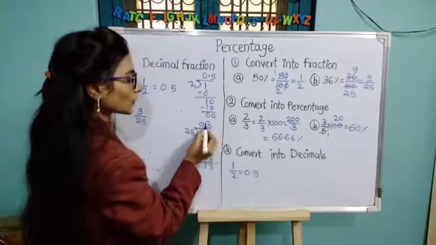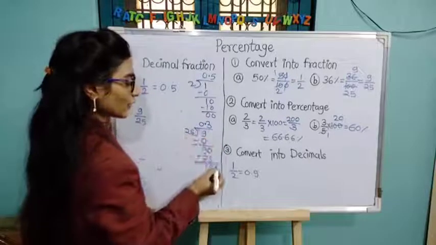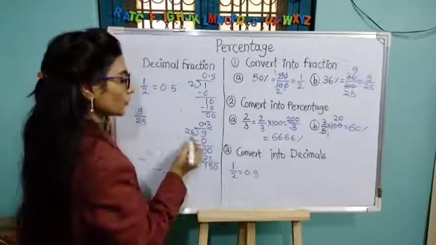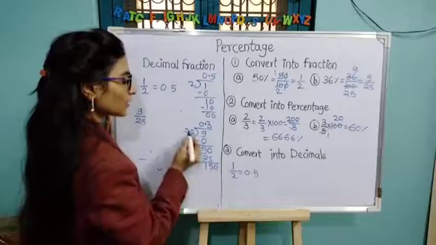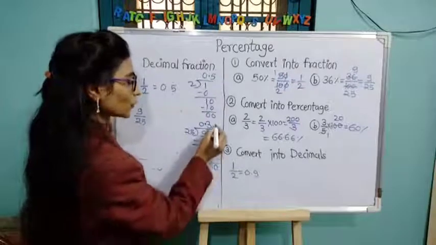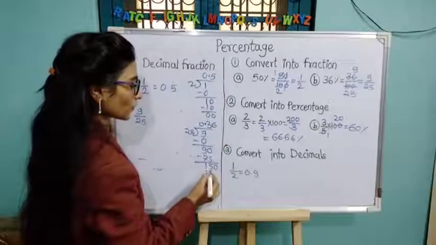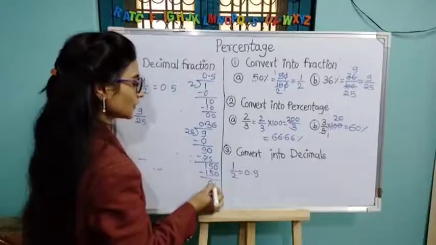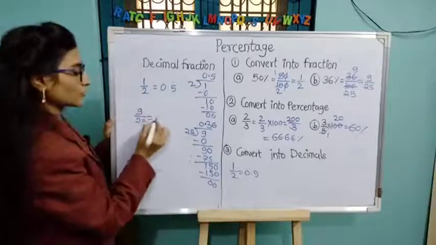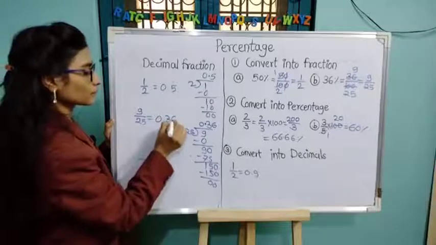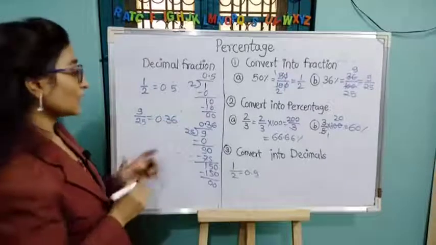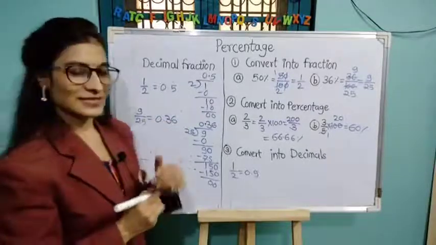So because we took this decimal point, we can add 0 on it. So 150 is divisible by 25. Okay, so 25 sixes are 150. So that is equal to 0. So if we convert this fraction into the form of decimal, then it will come 0.36.